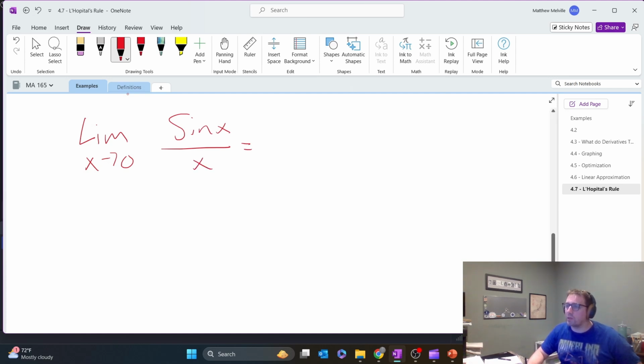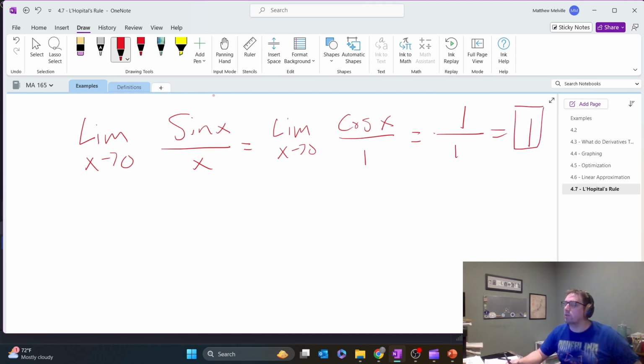I do L'Hopital's rule and say, well, this is the limit as x approaches 0 of cosine x over 1, which is the derivative of the top and the derivative of the bottom. Notice I did not use the quotient rule. If you use the quotient rule, that's like the number one mistake with L'Hopital's rule. Don't do that. That's not what we're talking about. And the cosine of 0 is 1, over 1, which equals 1, which we proved earlier. So we can just do L'Hopital's rule.